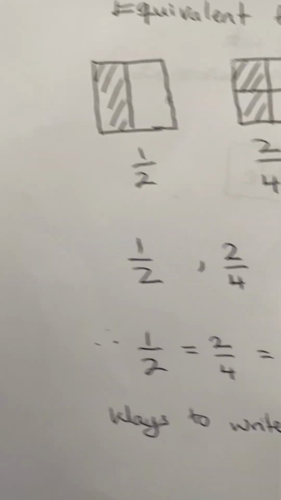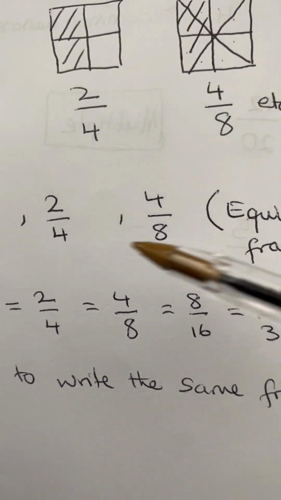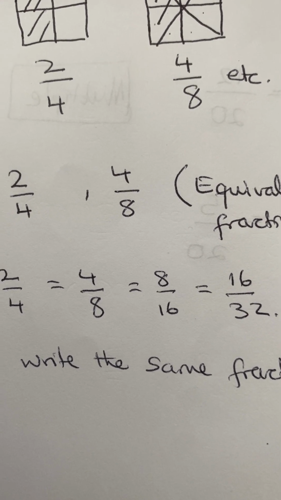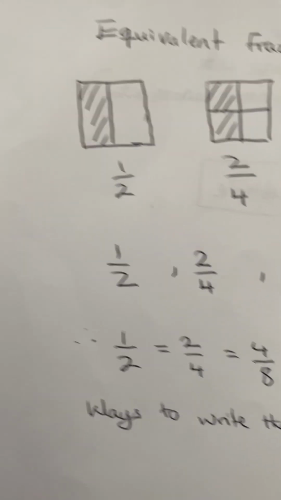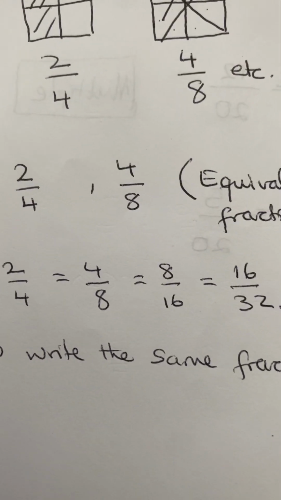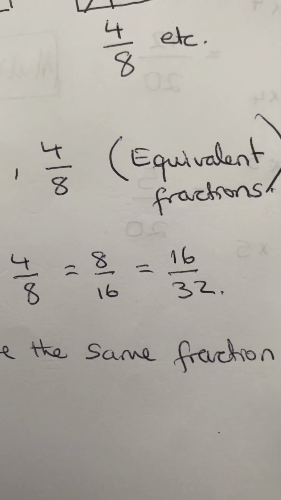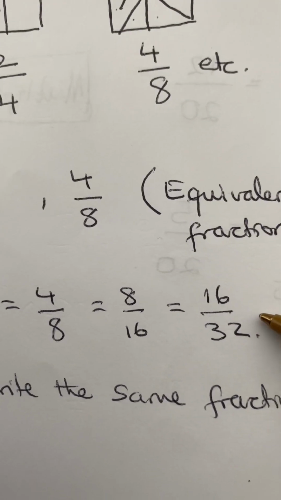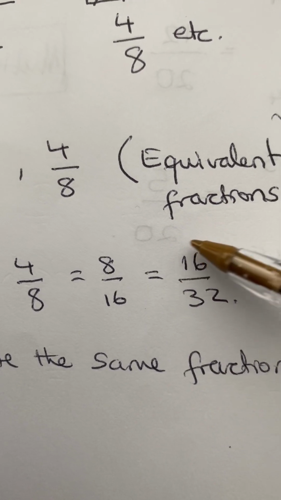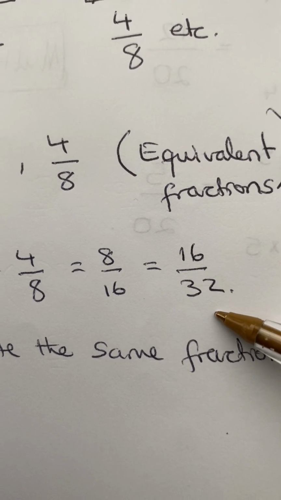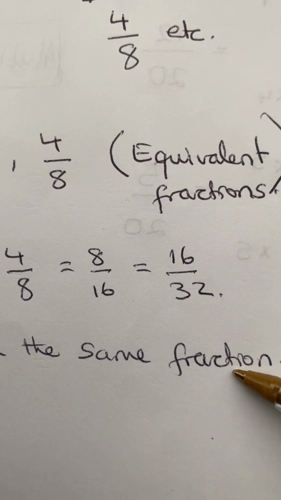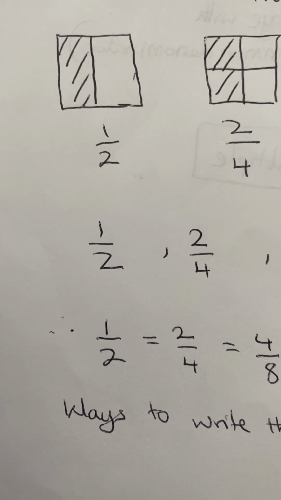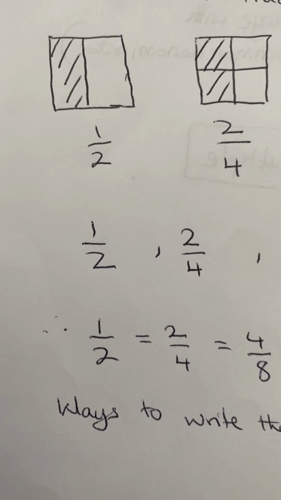That is the rationale for knowing this kind of stuff. So we can write the same fractions in similar ways, but we can also reduce the complex ones, higher figures like 16 out of 32, 32 out of 64, to half, which will be easier for us to multiply and divide.